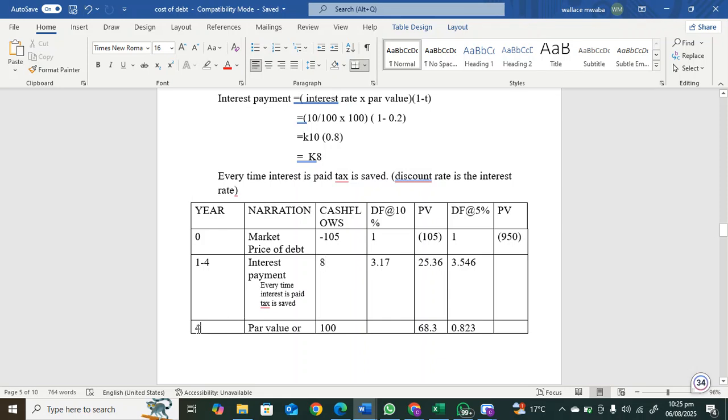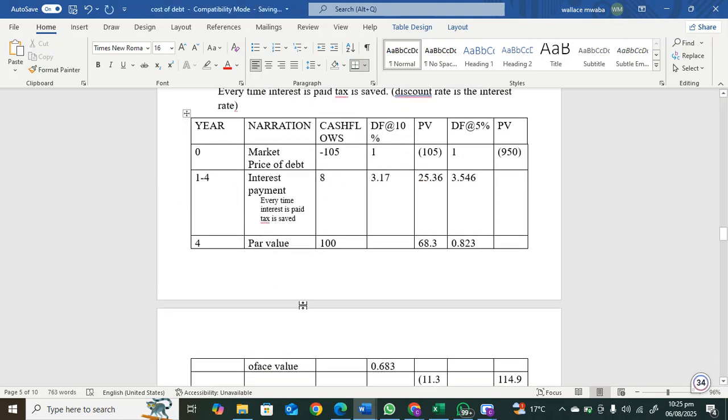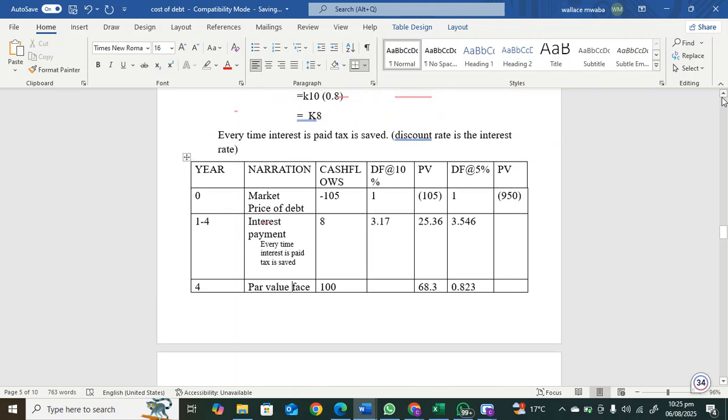Then finally, in year four, when the debt matures, apart from getting your final interest payment, you also get paid the par value. That's why I've put 100 kwacha here. Any questions before I go further?